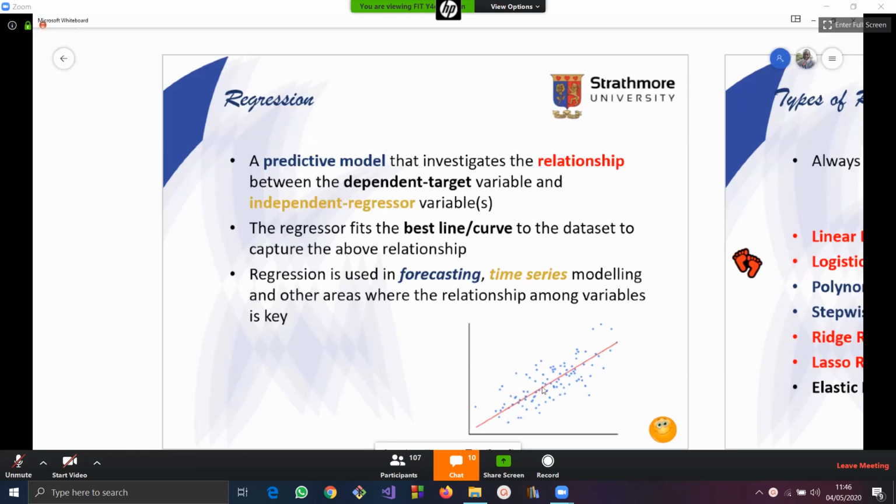Now the line is the best possible line that when you measure the distance between any data point and the line itself, it should be the minimum possible distance from every possible point in the data set. So the line of best fit is like a summary or a rule, and this is what we are going for in linear regression.